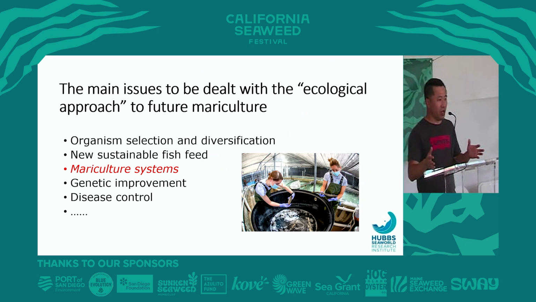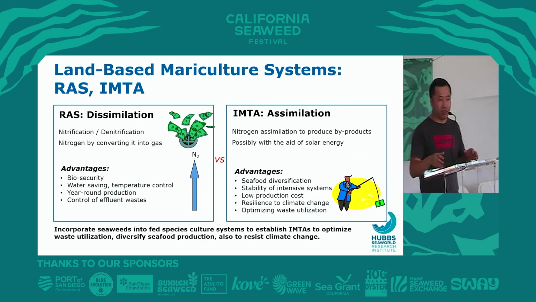At Hubs, we are focusing on integrating seaweed into marine culture systems, an ecological approach to the future of marine agriculture. Currently there are 2 land-based aquaculture systems. One is recirculating aquaculture systems, RAS. The other is integrated multi-trophic aquaculture systems, IMTA. In RAS systems, the nitrogen is converted to gas, so the waste is not turned into money.